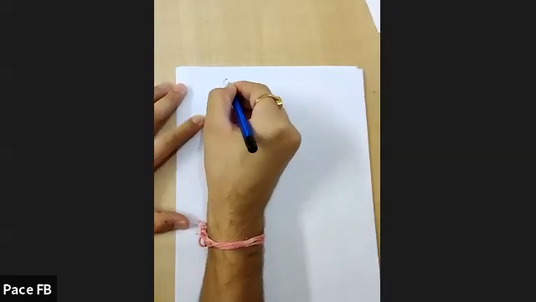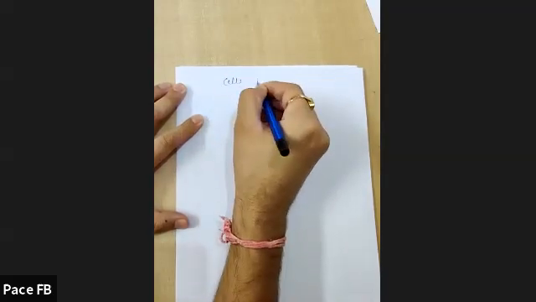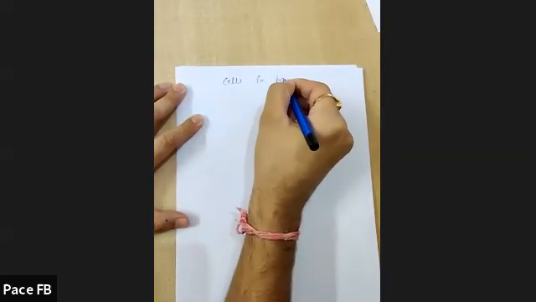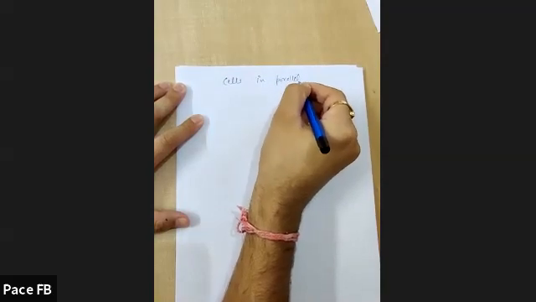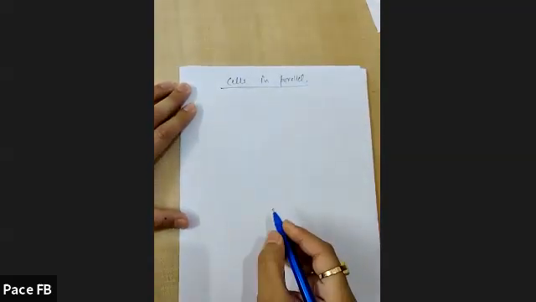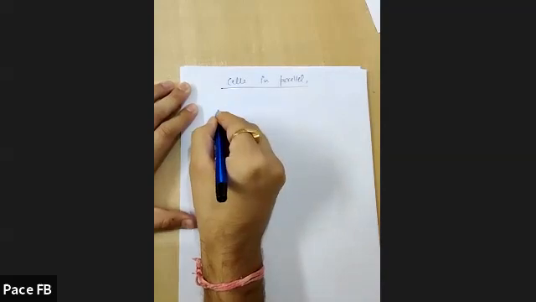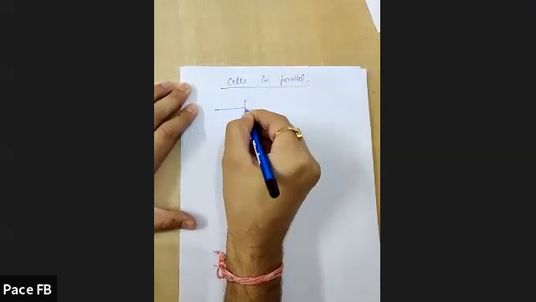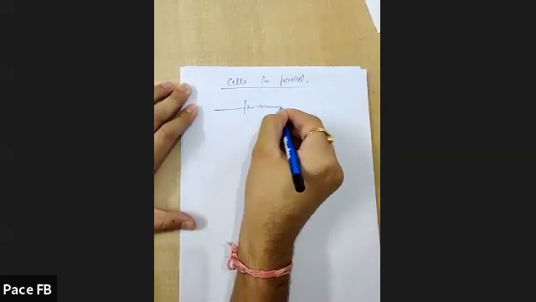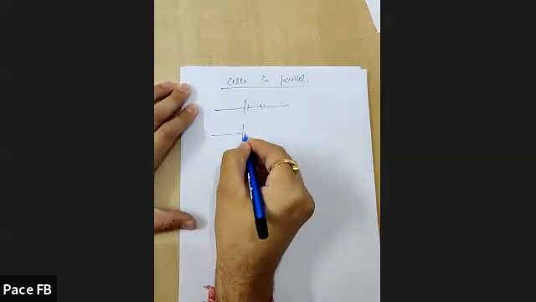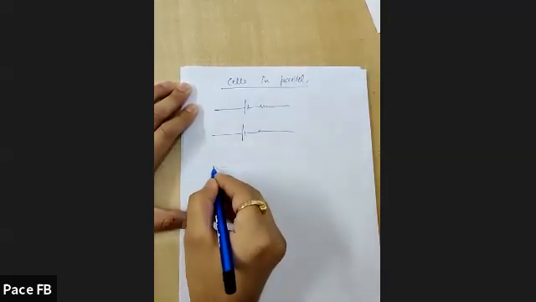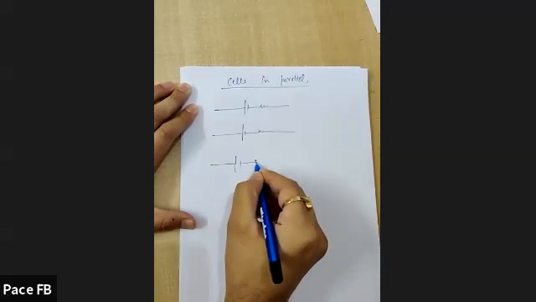Now, when cells are connected in parallel, how? Like this. There is one cell, positive, negative, with one internal resistance, then positive, negative, with one internal resistance, then positive, negative, and then an internal resistance.